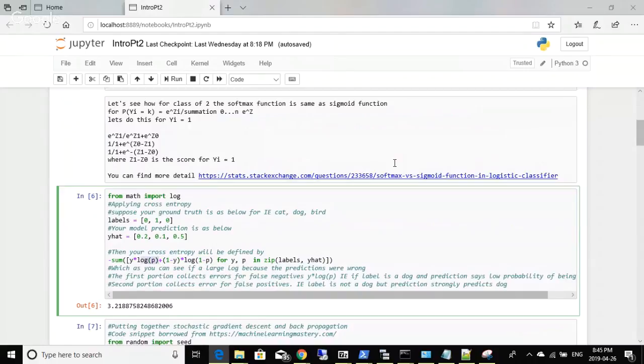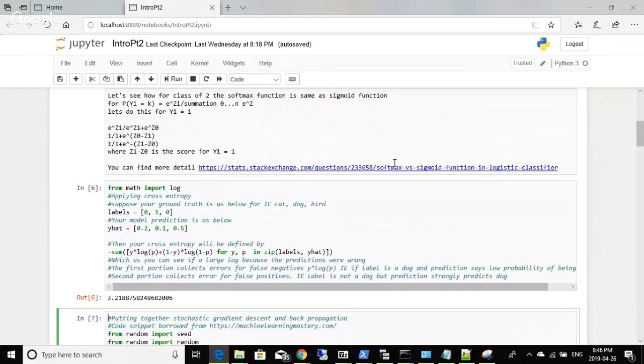Another part is y times log of p. Right. So you can see that there is a very large log loss because the predictions were wrong. The first portion collects errors for false negatives.